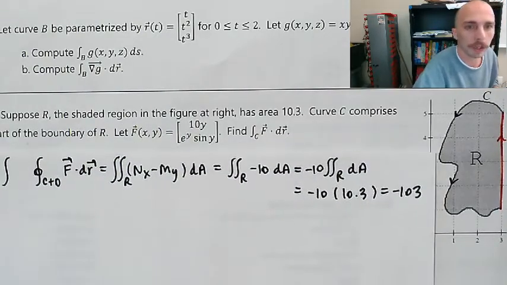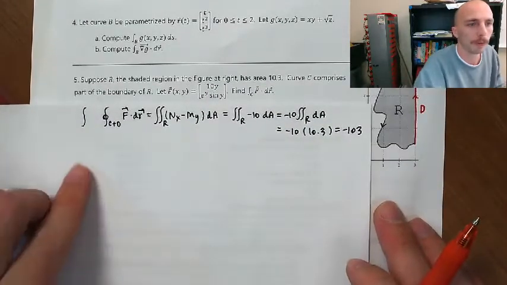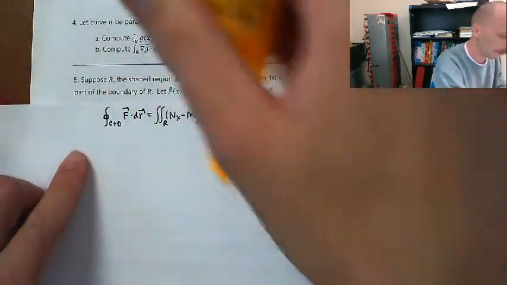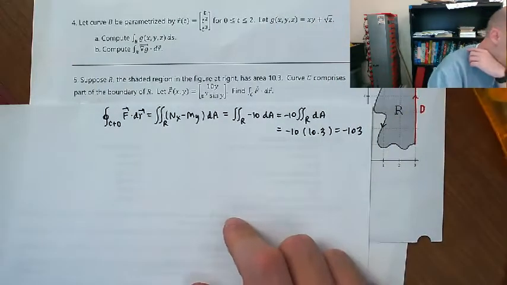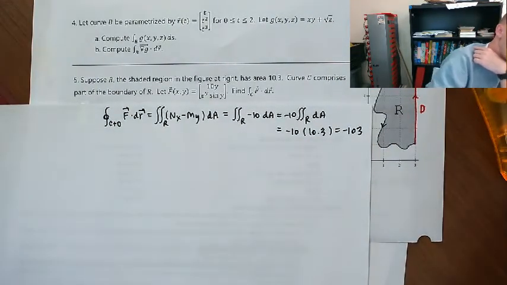But we're also interested in this, which is also equal to the integral over curve C plus the integral over curve D. So maybe I'll pull that out in like blue or something.